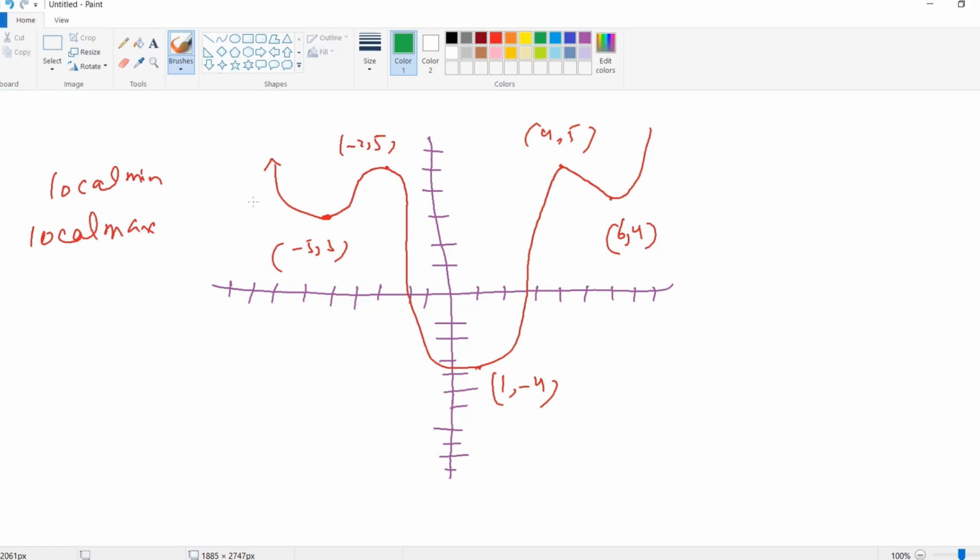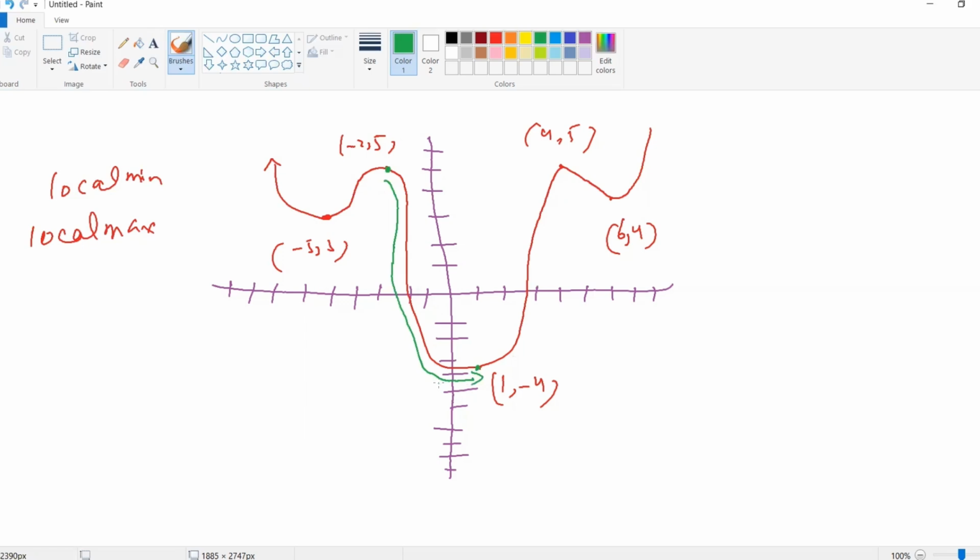No, this is not it. They're both minimum points. So what's the difference? This is the local minimum, from here till here. Got it? Is it clear? But wouldn't 1, -4 be the global minimum? Now this whole point. Don't you think so?